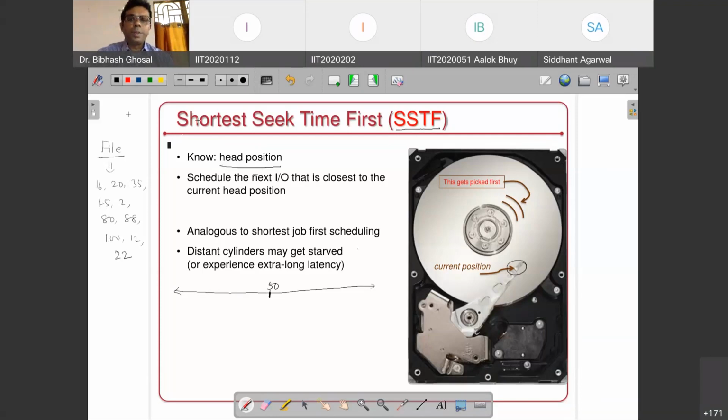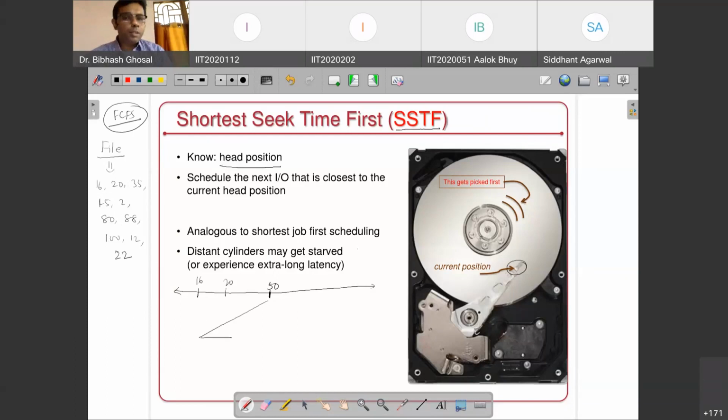Before this, there is FCFS, and this is the most simplistic implementation of any scheduling algorithm. It is kind of a scheduling because we are trying to schedule the block requests. So FCFS would say, you have to go there as the requests come. If you are at 50, you will first go to 16. Then from 16 you will go to 20.